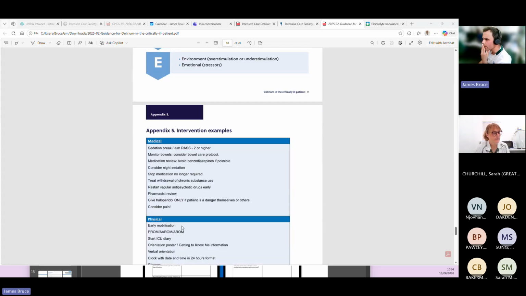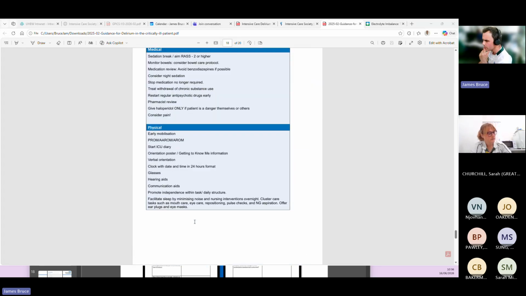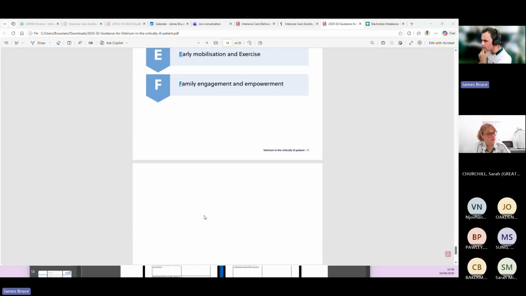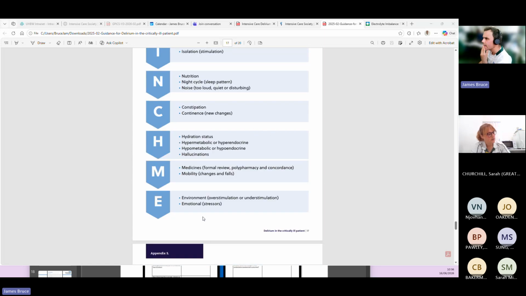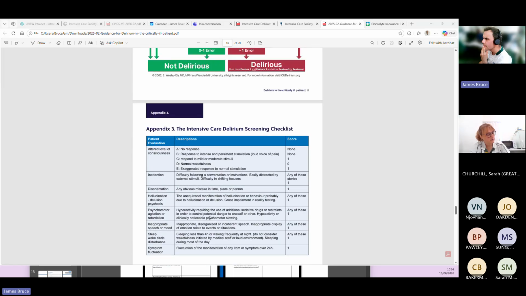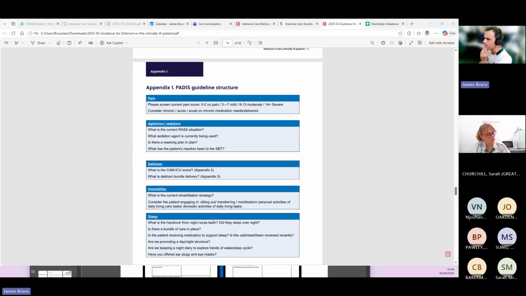And we also put in a PINCH ME structure as well. If you didn't like the PADIS structure, you could start to use that if you wanted. And there is another one, I think. All right. There you go. So we've got the PADIS guideline in there as well. So it's a quick reference point if you wanted it.